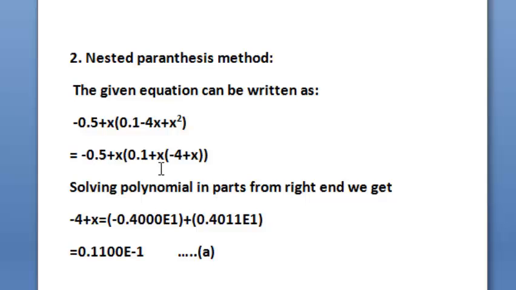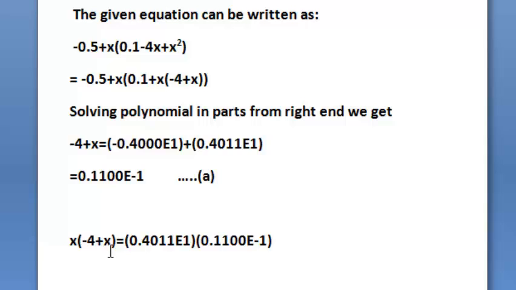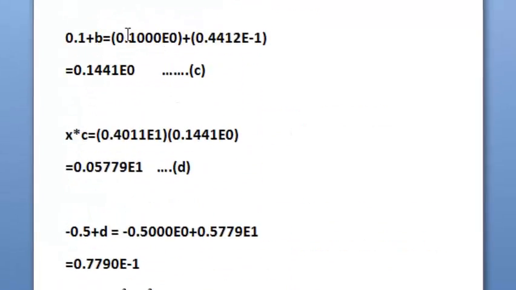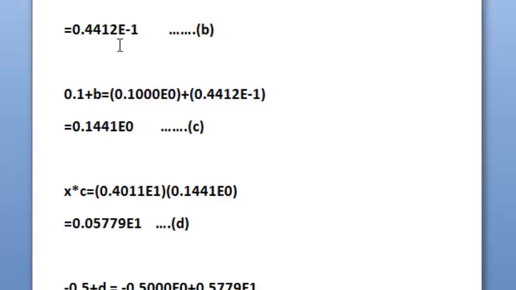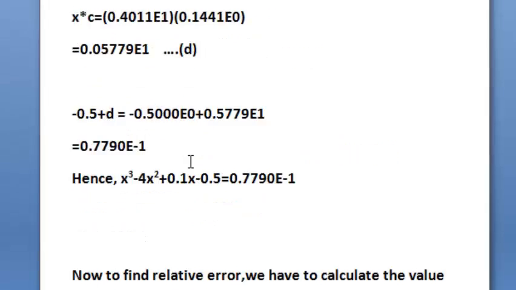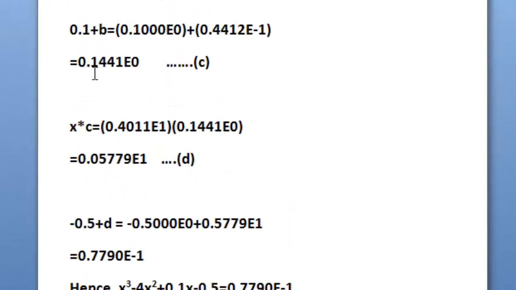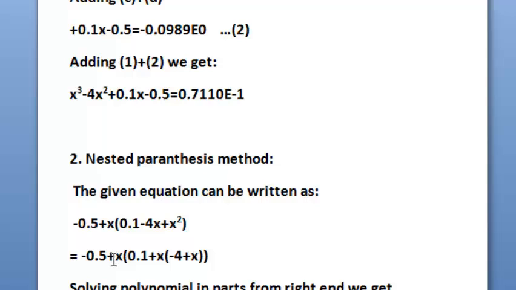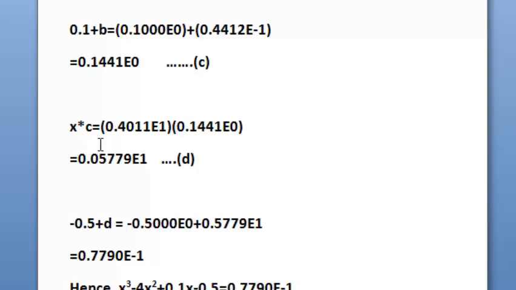Now multiplying by the next x, we get 0.4412 E minus 1. This is our B equation. Now adding 0.1 to B, we get 0.1441 E0, which is our C equation. Now from the formula, multiplying x with C, we get 0.05779 E1.